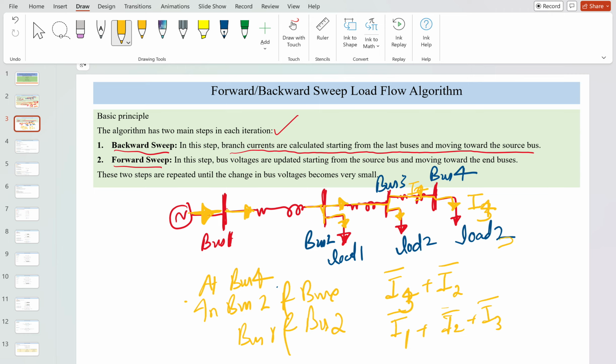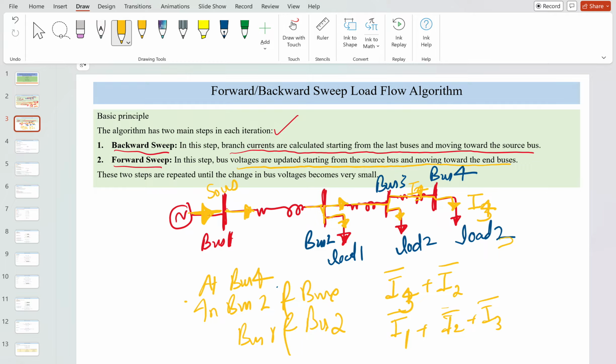So when you calculate the branch currents, you consider the last buses first, then move towards the source side. Because you have calculated the current, you move backward and come to the source and find out what the voltage is. In the second step, the forward sweep, the bus voltages are updated starting from the source and moving towards the end buses.